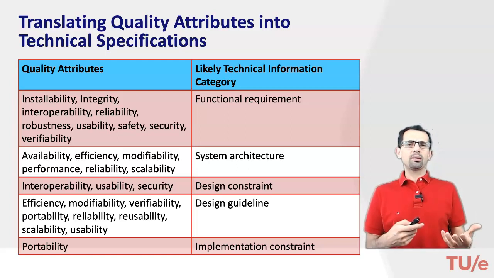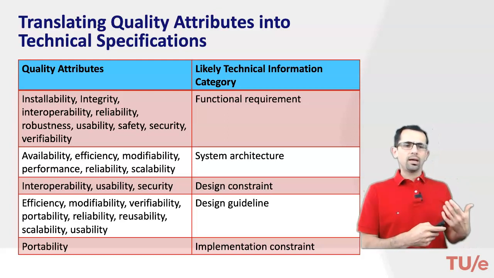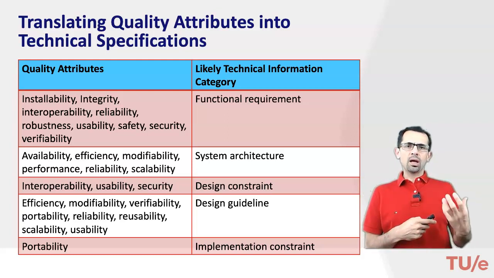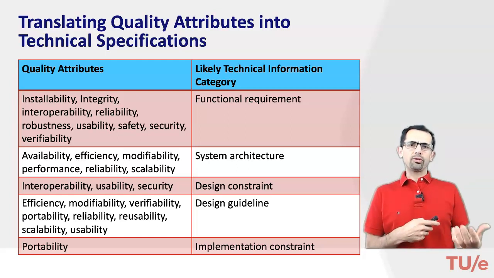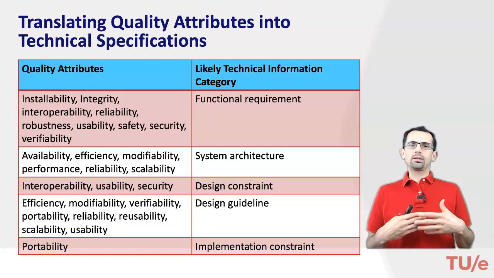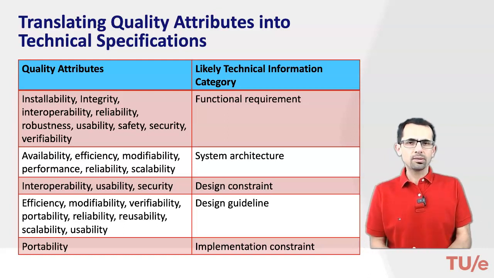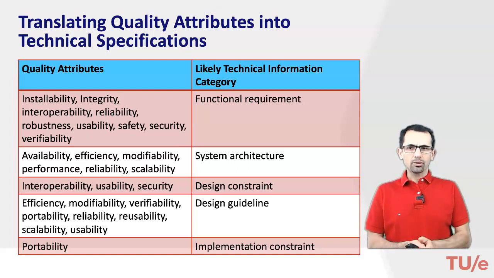Security is a very good example. If you're talking about making your system secure, eventually it boils down to some function that the system should offer. If people have to enter a username and password, then obviously the system should provide that functionality to users.